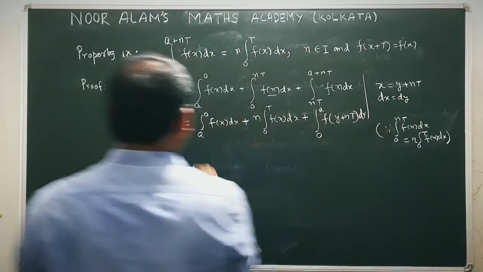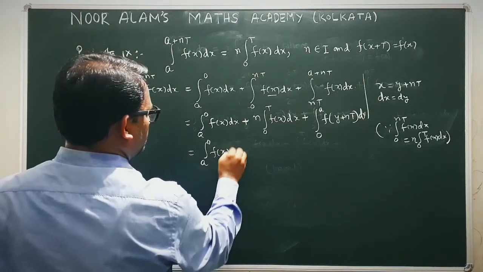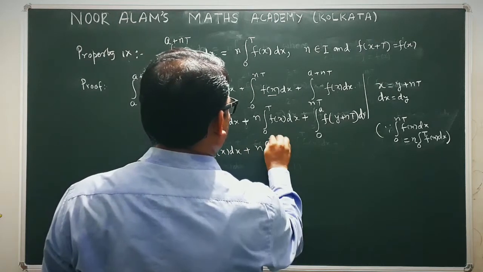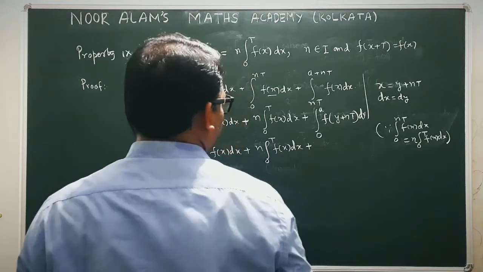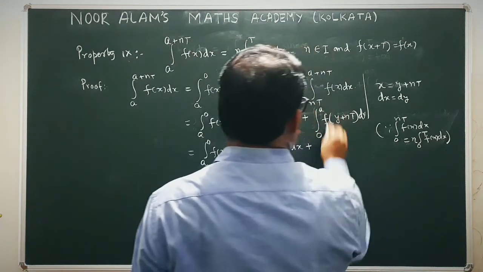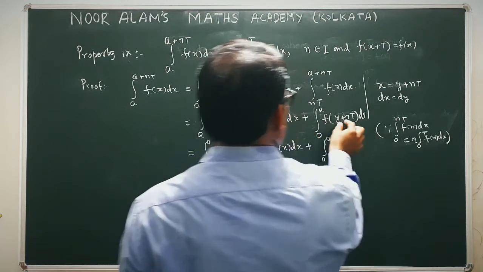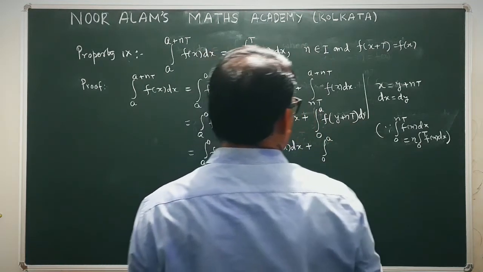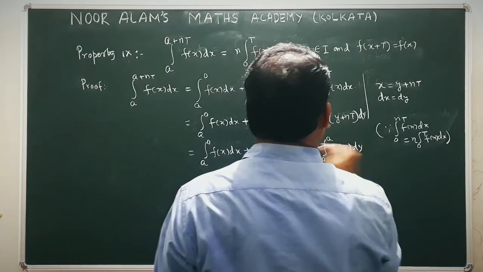So now we can write as integral a to 0 f(x) dx plus n times integral 0 to T f(x) dx, and the next result, since it is 0 to a, we can write that f(y + nT), since f is a periodic function with period T, therefore it can be written as f(y) dy.